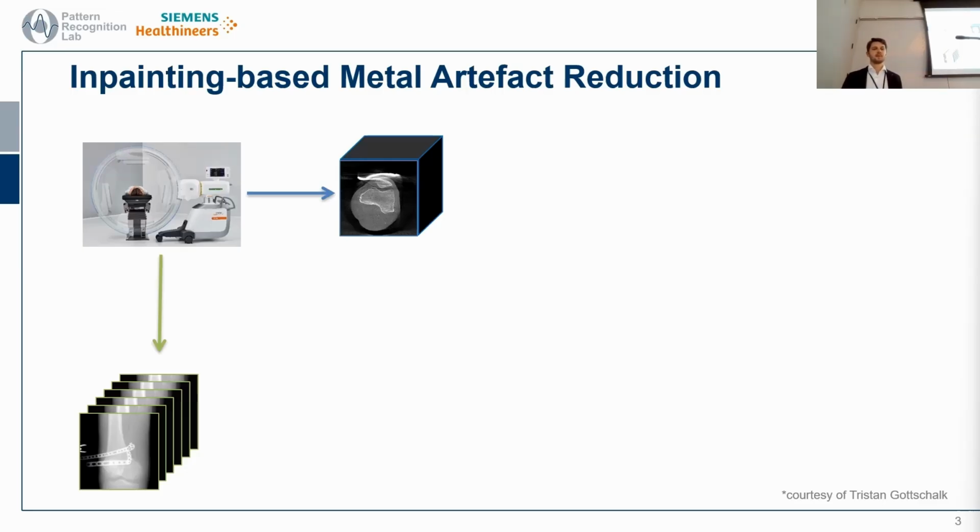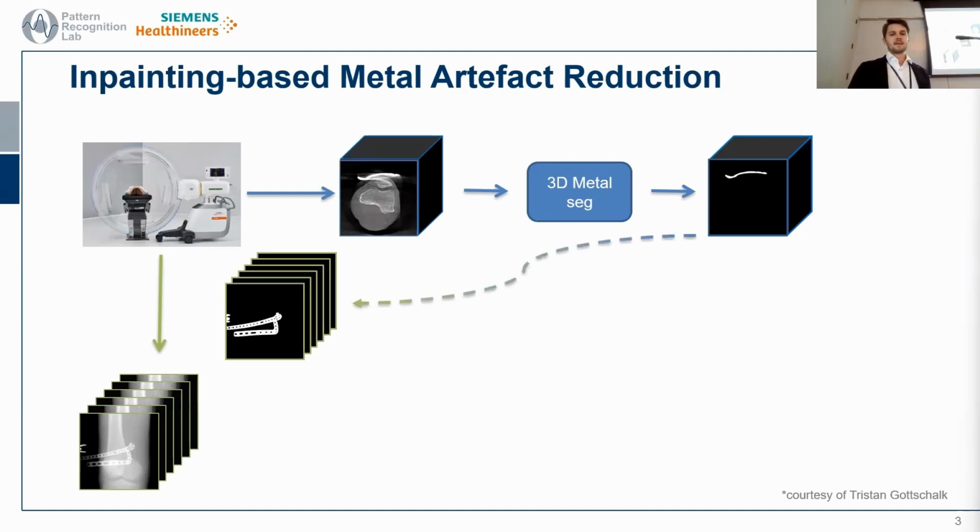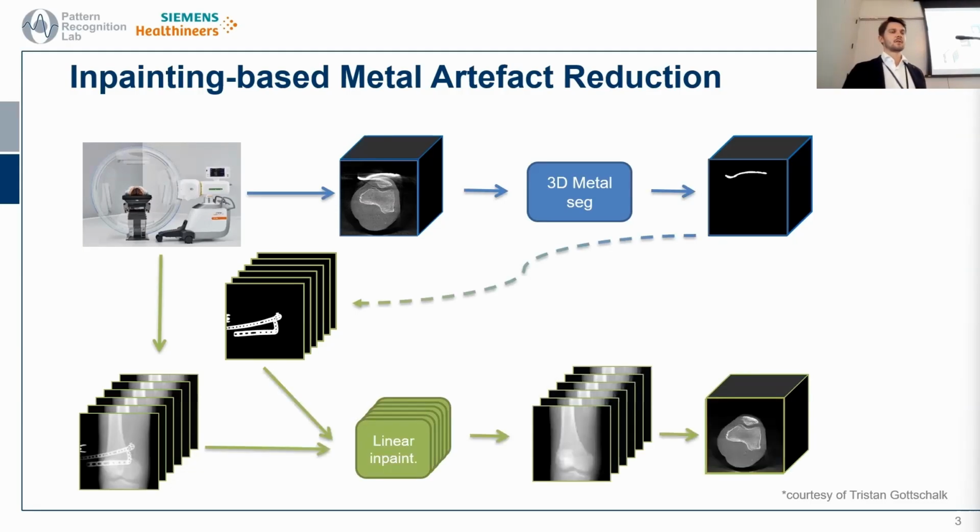In the first step of the pipeline, a 3D metal segmentation takes place from the artifact corrupted volume. And typically right now, this is done via some kind of thresholding approach. As a second step, this 3D metal mask is projected forward in order to yield projection domain traces of this metal, which are then inpainted, and the contribution to the image is removed.